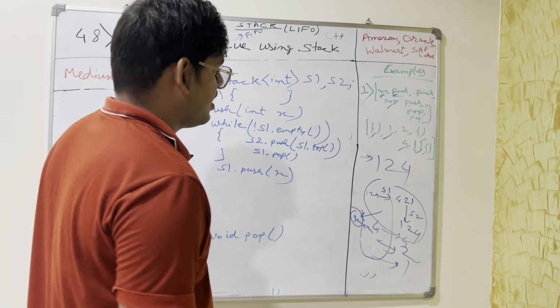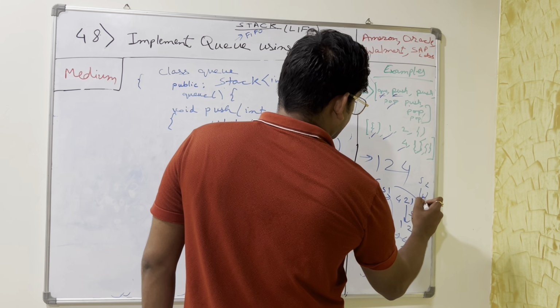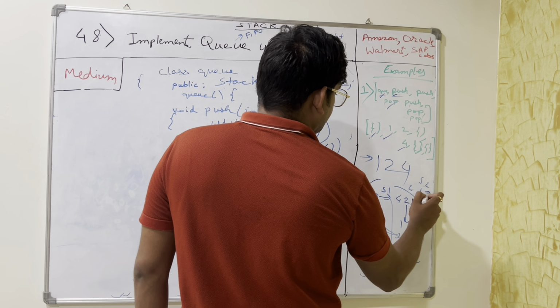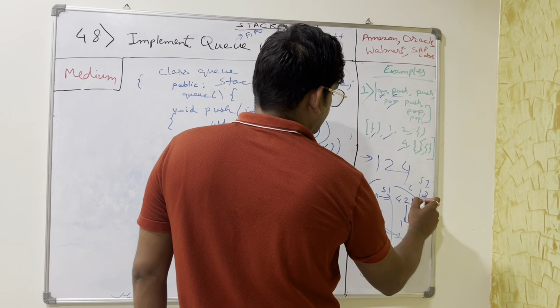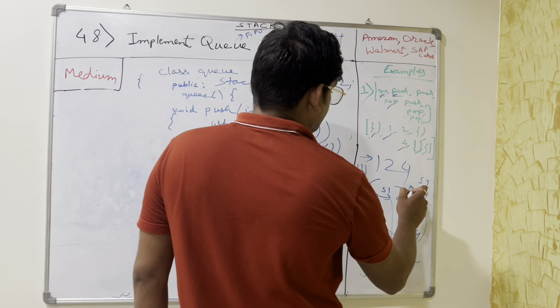Say we have 1, 2 already in stack 1, and now 4 has come. So 1, 2 was there in stack 1, and then we have pushed it into stack 2. Then we have inserted 4.